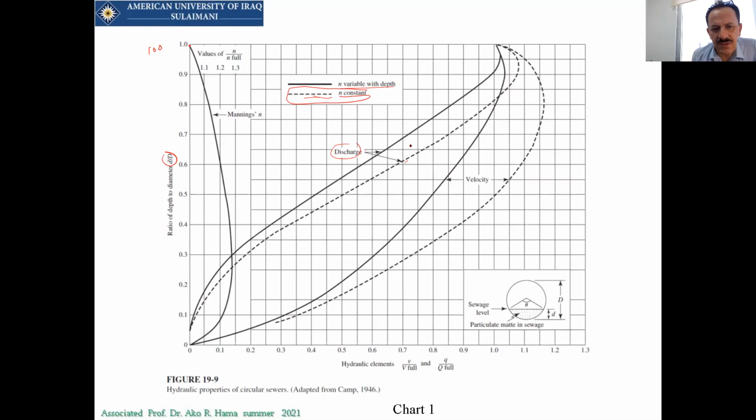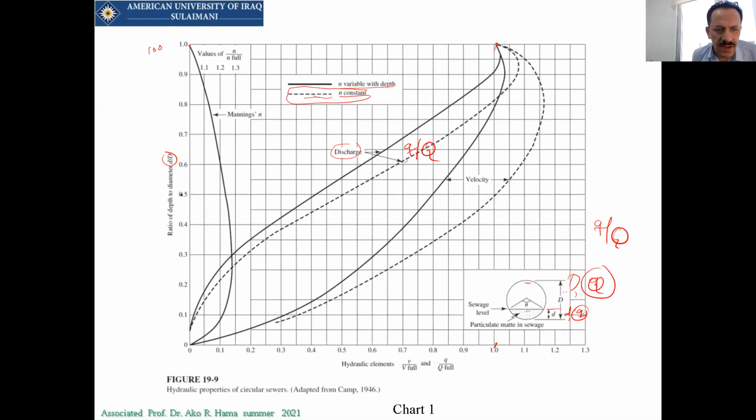So this curve is representing q over capital Q. Here's the small d, here's the capital D. In this case, when we have full flow, there will be capital Q. When we have this partial flow, we have a small q. So this q divided by this Q will be found by having small d over capital D. So let me say if I have d over D equal to 1, you can see here d over D is 1.